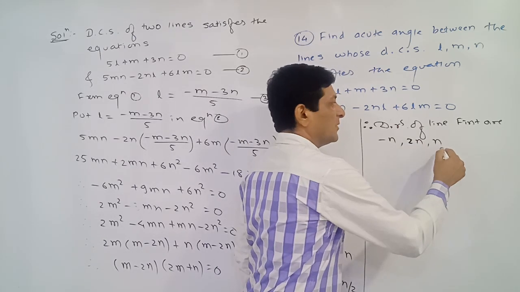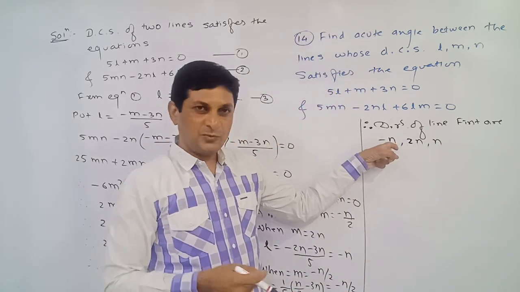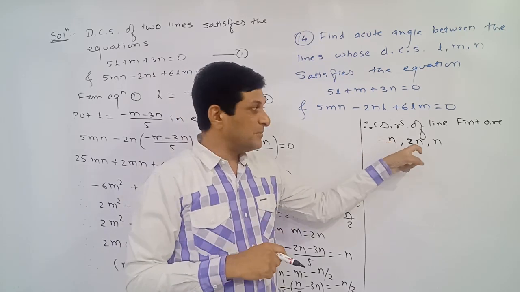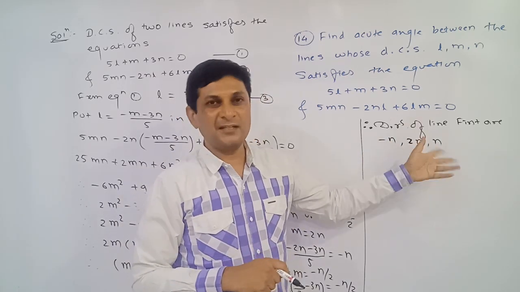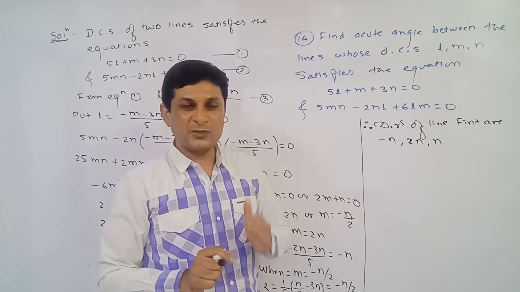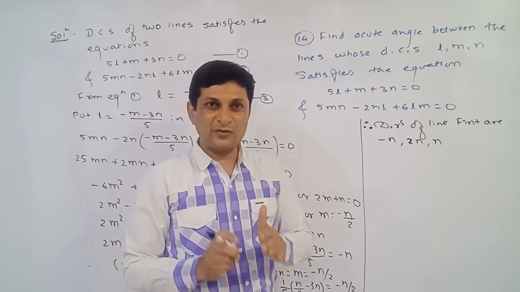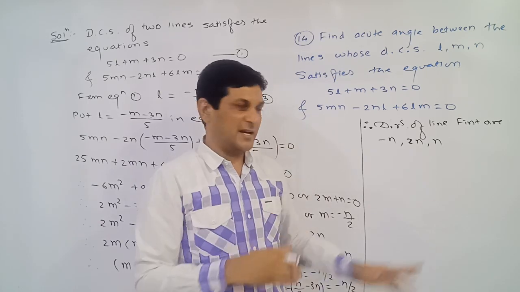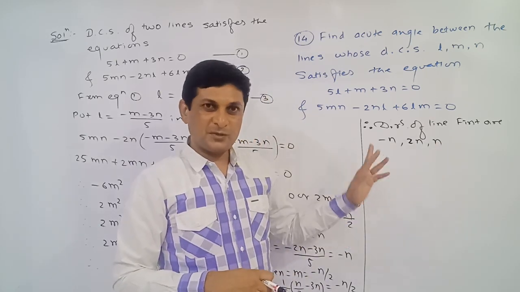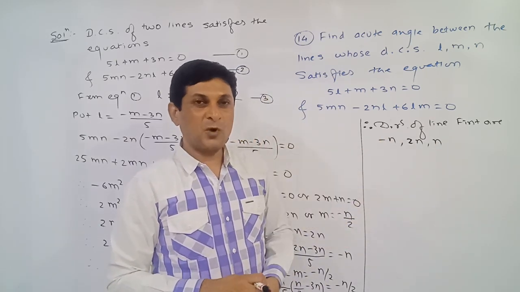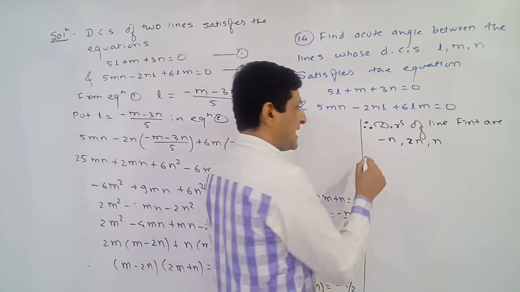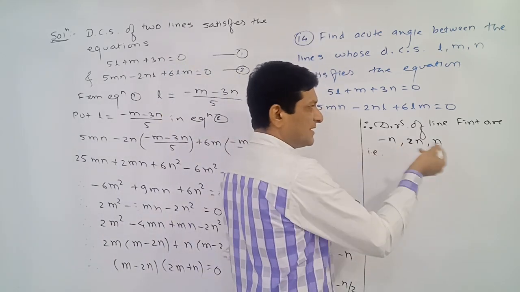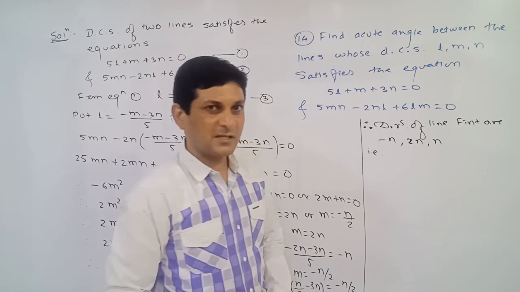And n is equal to n. So l we have got in terms of n, m is also in terms of n, and n is already n here. We are not disturbing n so that we are able to cancel the common factor. If we divide, these are the direction ratios, and we are able to cancel the common factor.